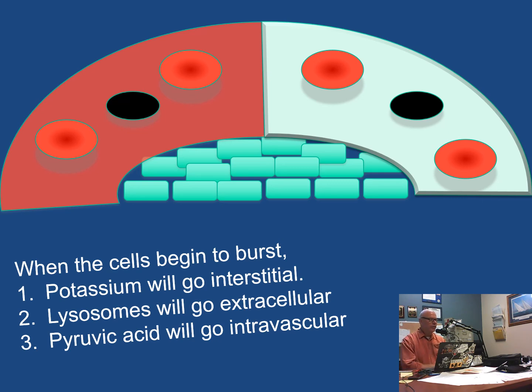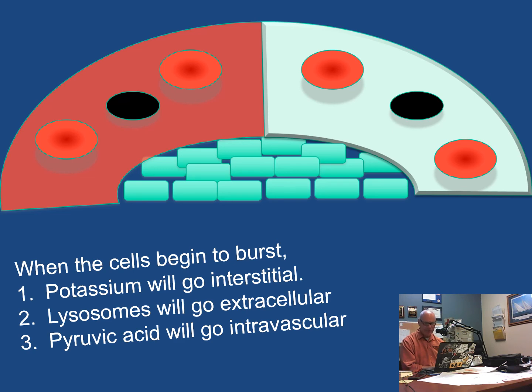And so what was the most prevalent intracellular cation? Remember salt on potato? Potassium. So potassium is supposed to be intracellular. Well, if those cells are bursting, that potassium is now interstitial. Lysosomes are one of the organelles in our body.